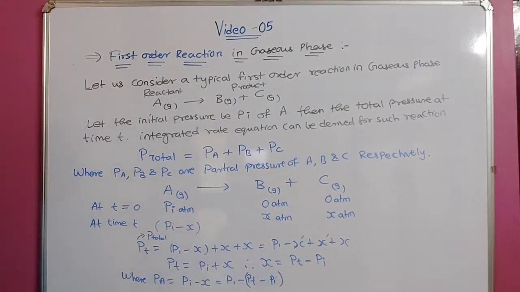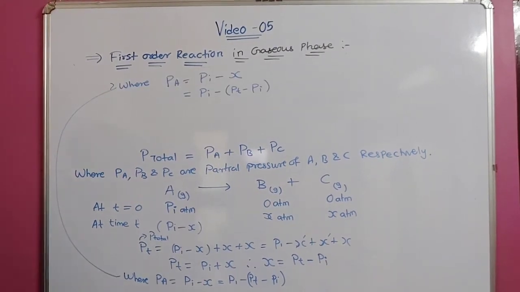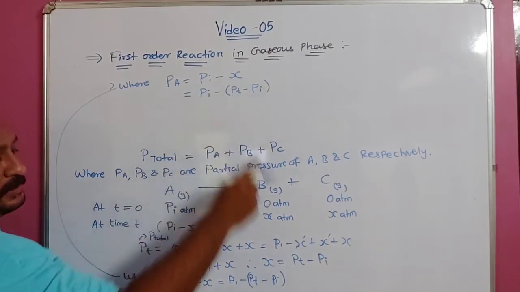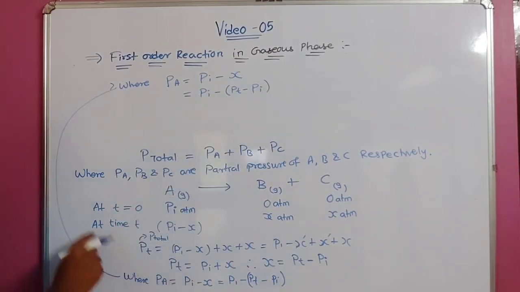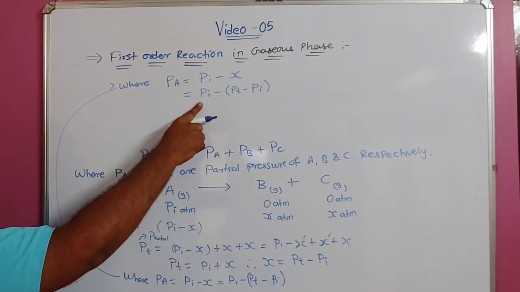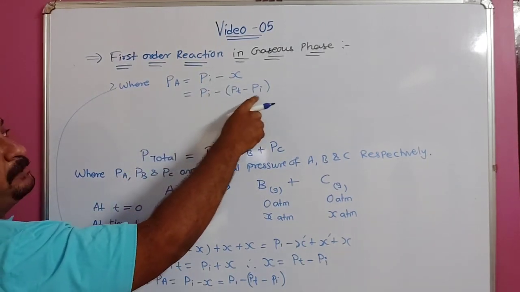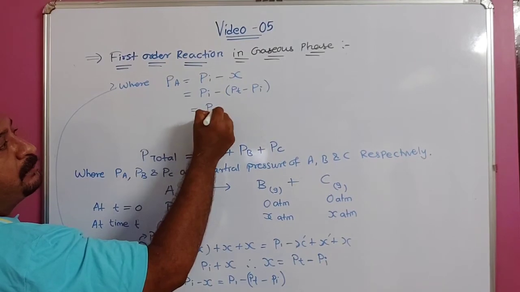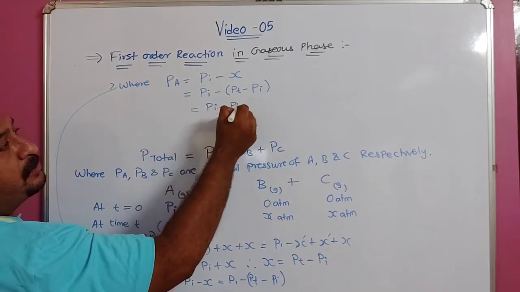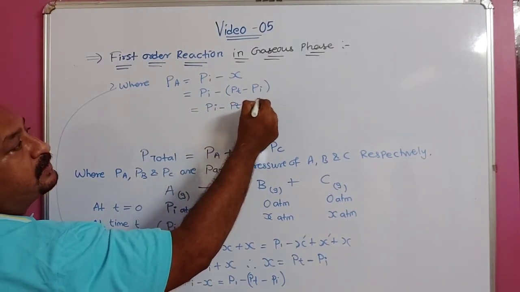I have taken this step on the top again for you to understand. I substituted the value of x, so it will be Pt minus Pi. If I open the bracket, Pi minus Pt plus, what is given there?